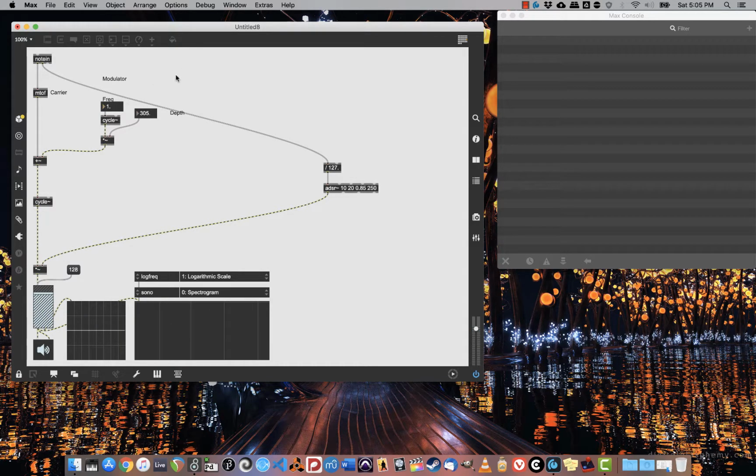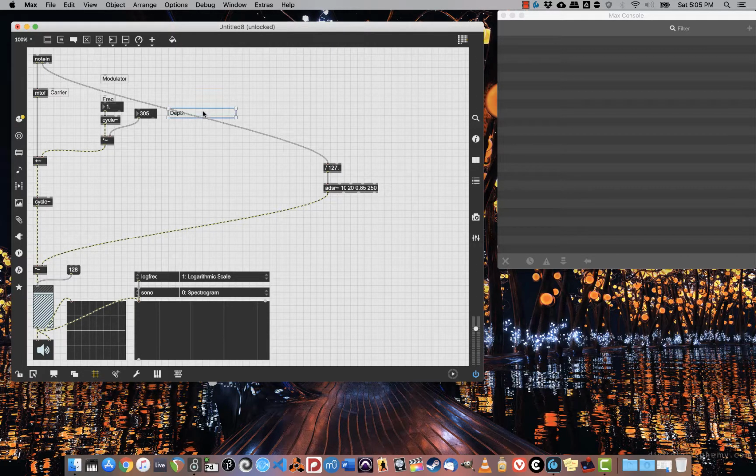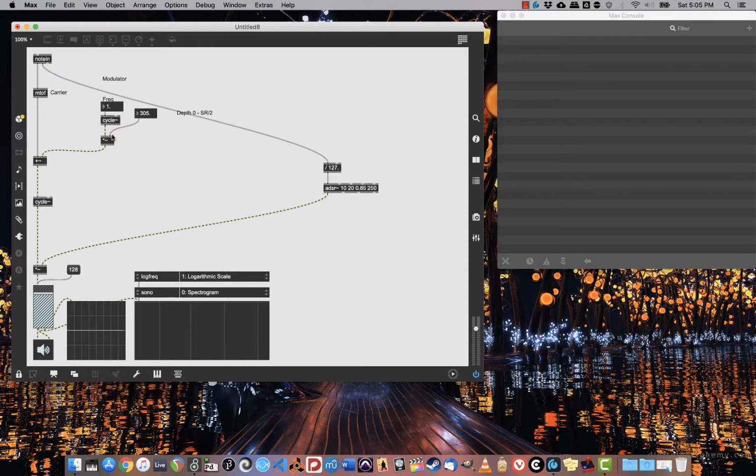So, in fact, it is kind of the reverse. It's really this depth of modulation is functioning in a range of 0 to the sample rate divided by 2. It's a huge range, and that is being added to this frequency that's coming out of cycle.